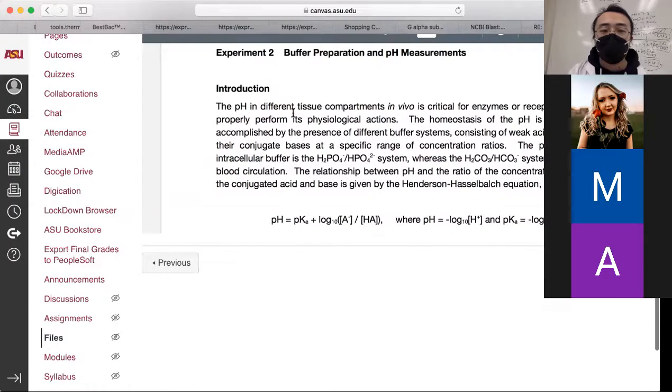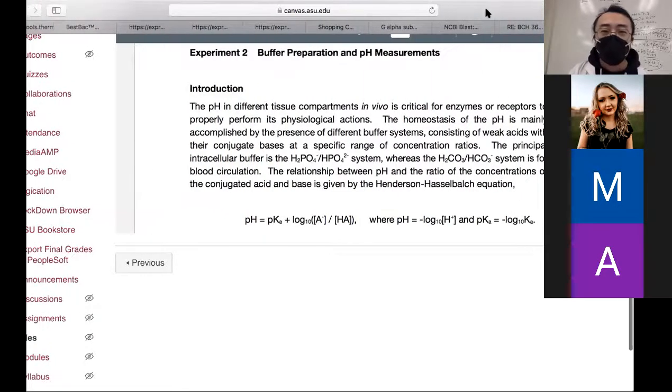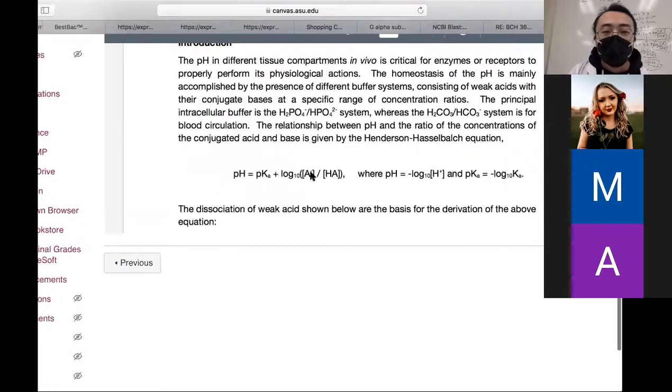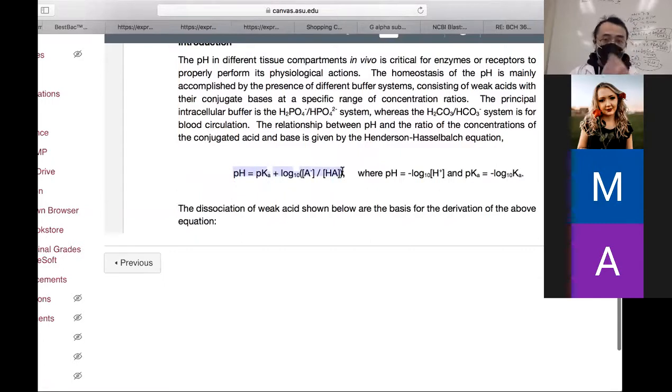So first of all is the introduction, which is not quite important. I mean, it's important, it's good to know, but the key concept for today is actually this equation. So how do we define pH?